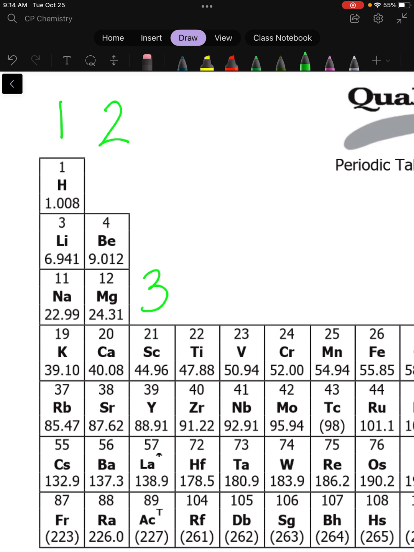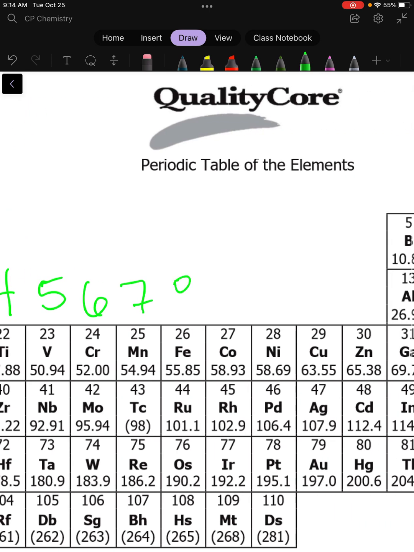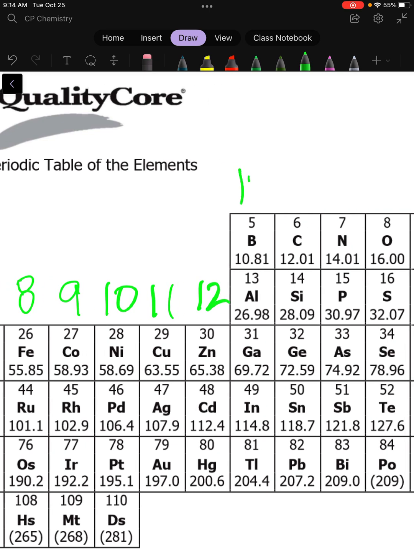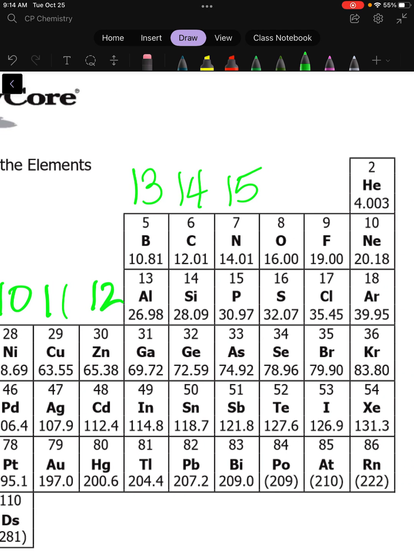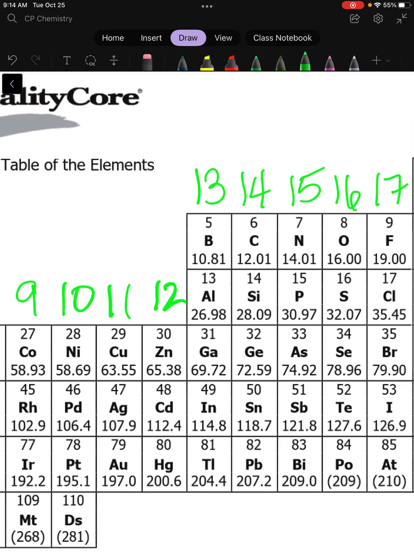I'm just going to bring it down here. That's group 3, 4, 5, 6, 7, 8, 9, 10, 11, 12, 13. Groups go all the way to 18. Okay, so those are your groups.